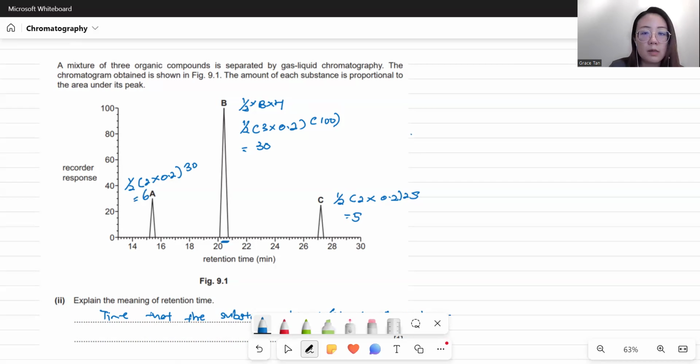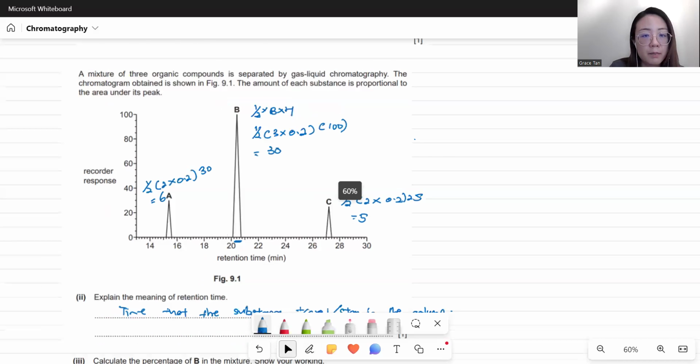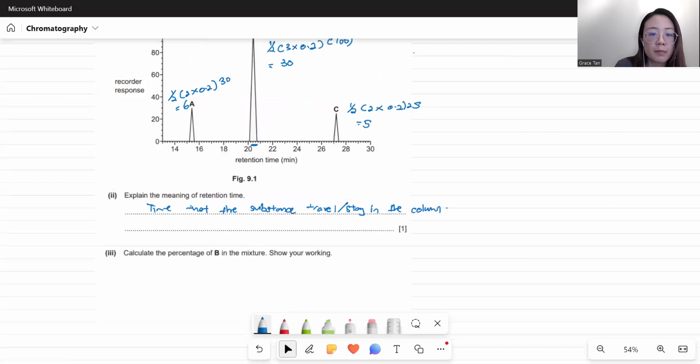Correct? So what is the percentage of B in your mixture? Your percentage of B is 30 divided by 6 plus 30 plus 5, times 100%.